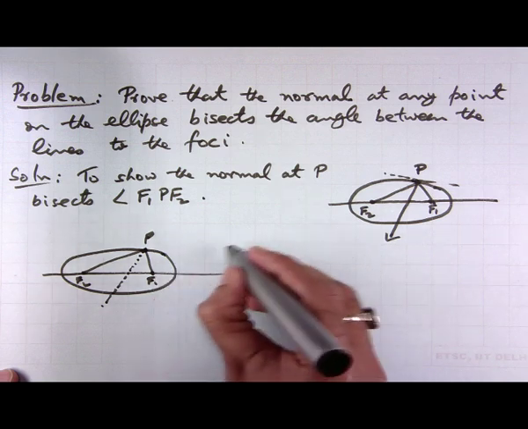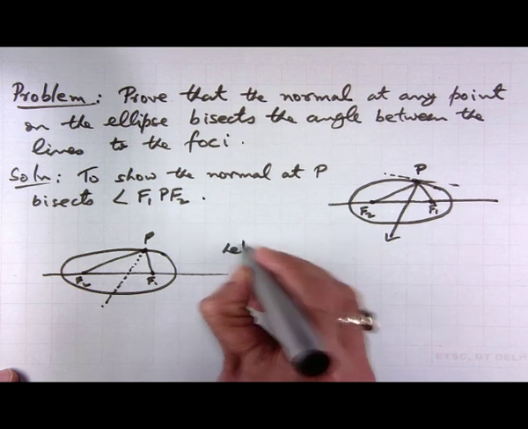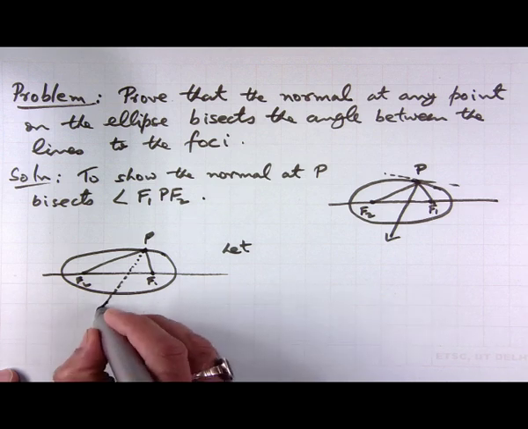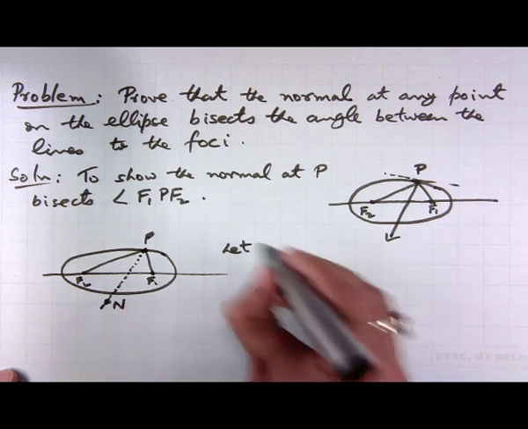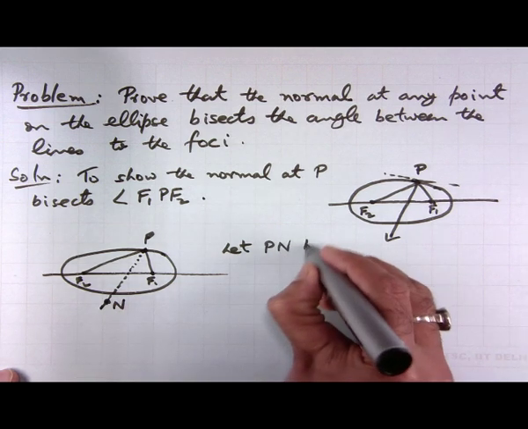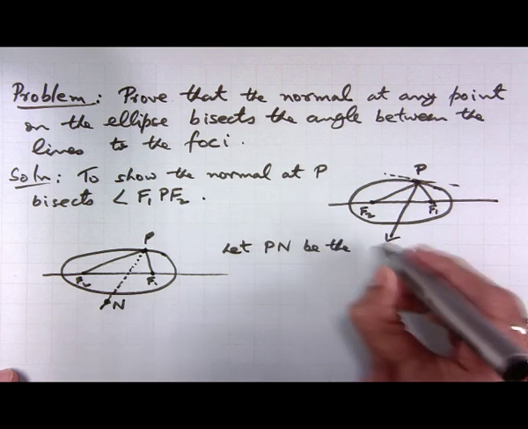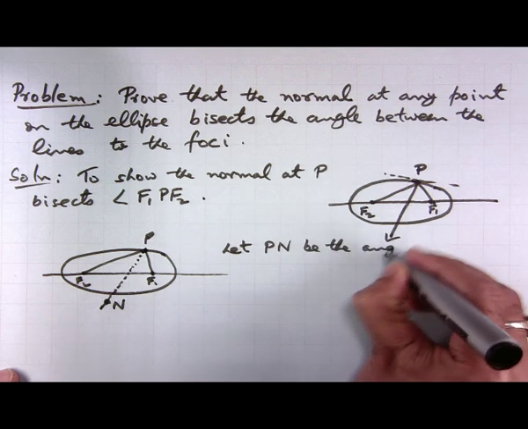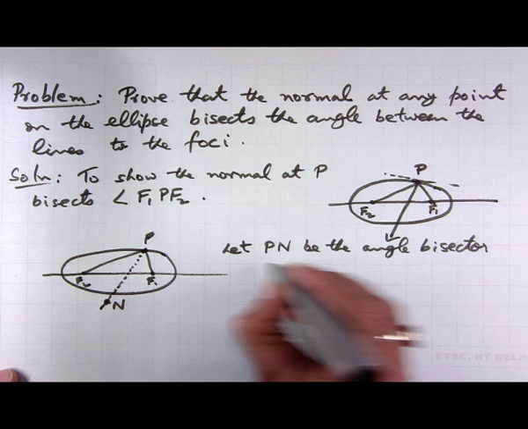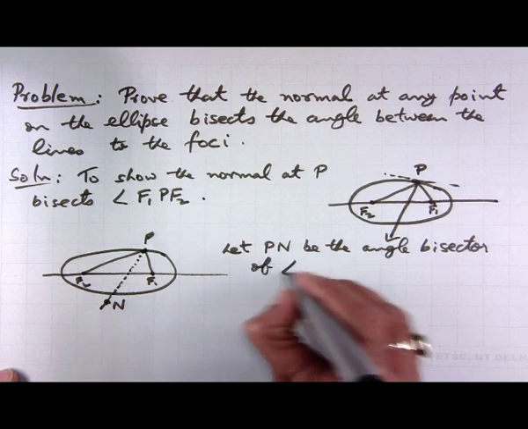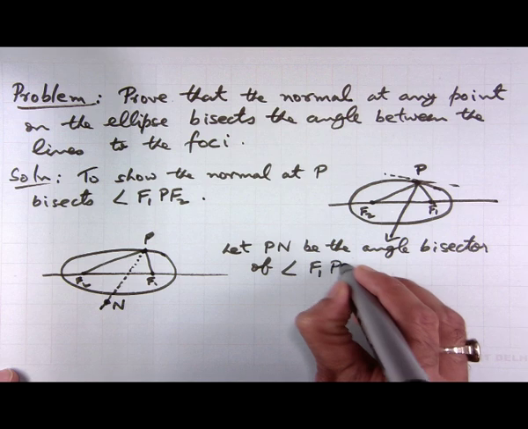So, let P n be the angle bisector of angle F1 P F2.